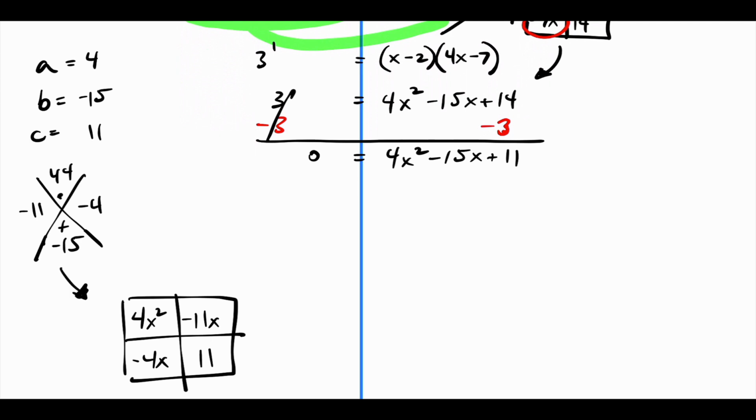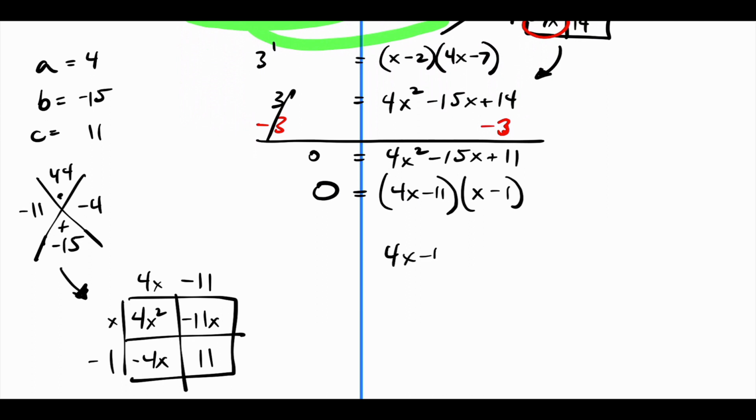So you get 4x, x, minus 11, and minus 1. Set them both equal to 0. 4x minus 11 equals 0. X minus 1 equals 0.